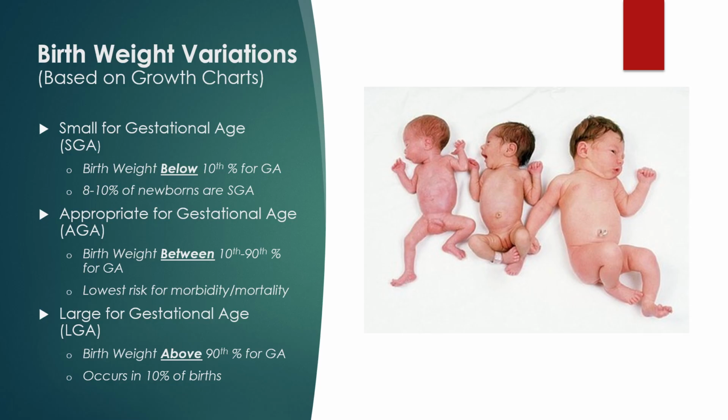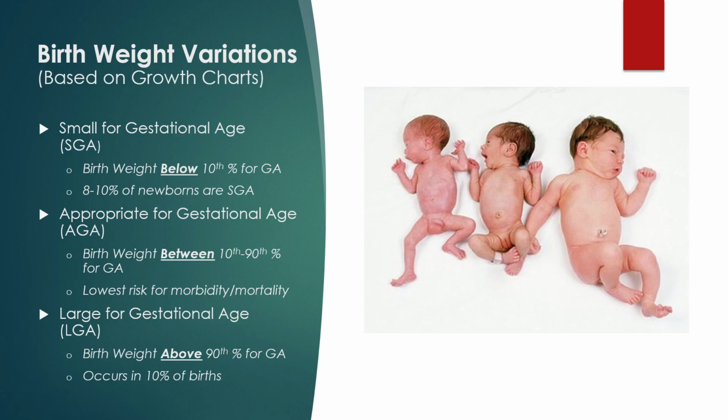So here is how a baby is categorized at birth. We have SGA, or small for gestational age. This is when a baby's weight is going to plot less than 10th percentile at the gestational age that they are born. AGA, or appropriate for gestational age, is the group we would consider normal size because they fall between 10 and 90% on the growth chart.